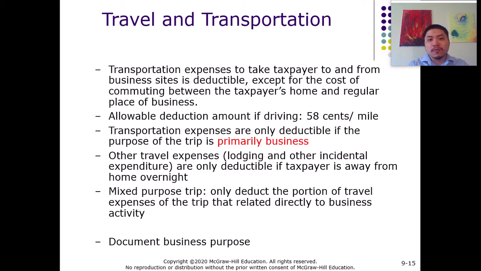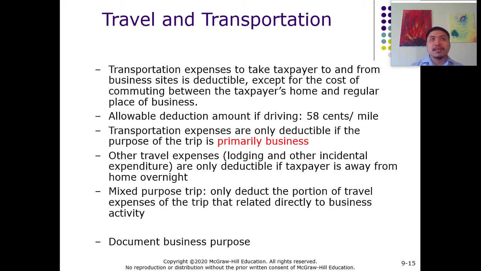So to the IRS, that trip can be considered primarily business, because he spends 3 out of 5 days, pretty much 60% of the time, doing business. If that's the case, then that can be considered a primary business trip, and the transportation to and from that location can be deductible, right?